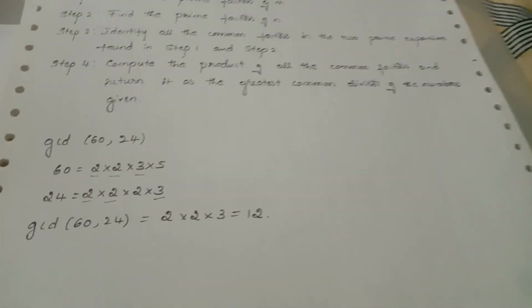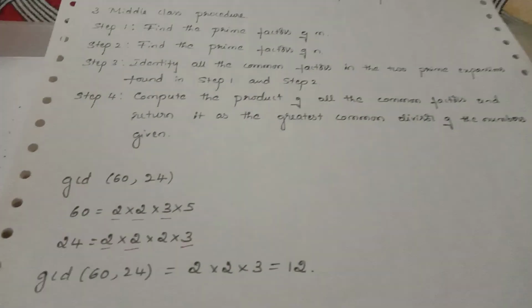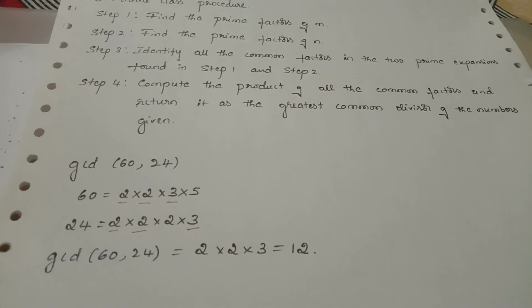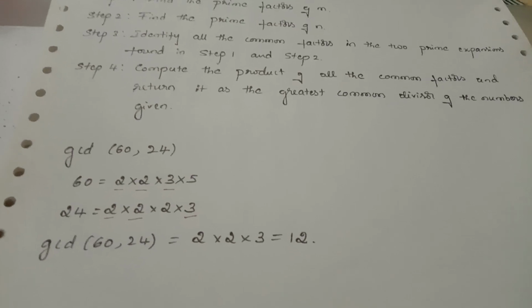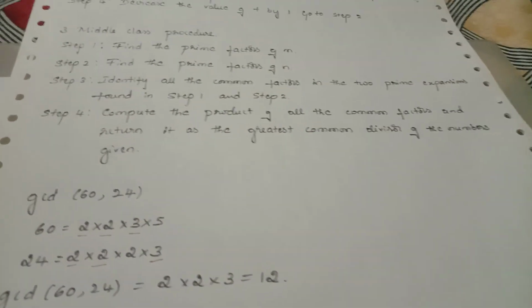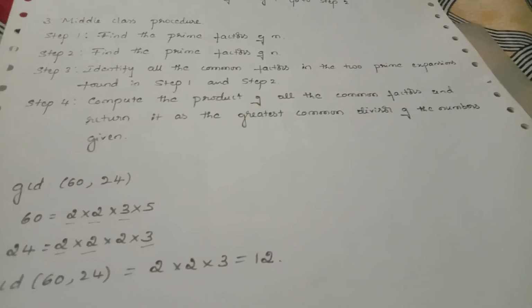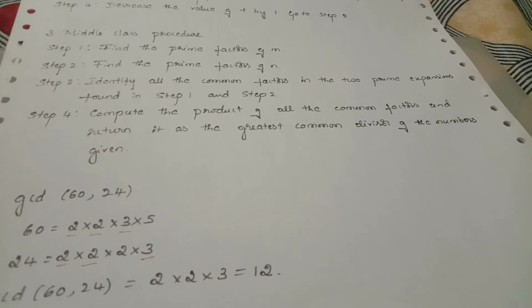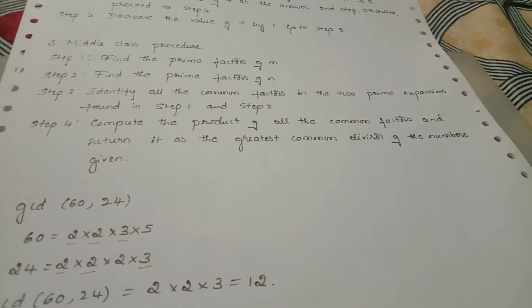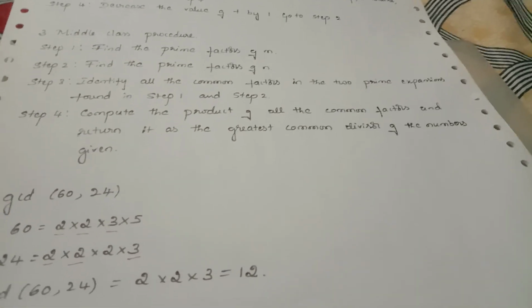Now a question arises. In step 1 and step 2 we have just written the prime factors of m and n, and we know what prime numbers are. When we look at a number, we can tell whether it is a prime number or not.